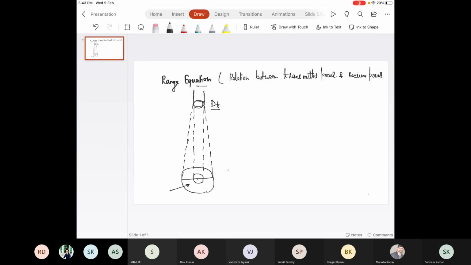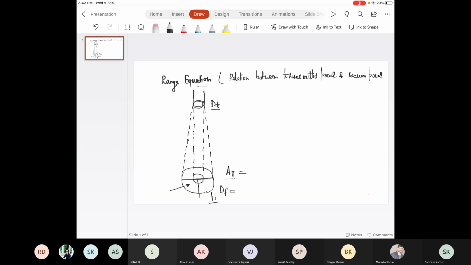And this area A_I, let's say the total area illuminated around this target point P1 by the laser beam or pulse, is calculated as follows. Let's say the diameter of this laser footprint is D_F.